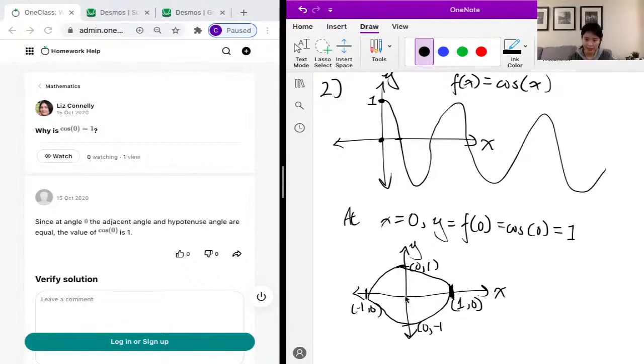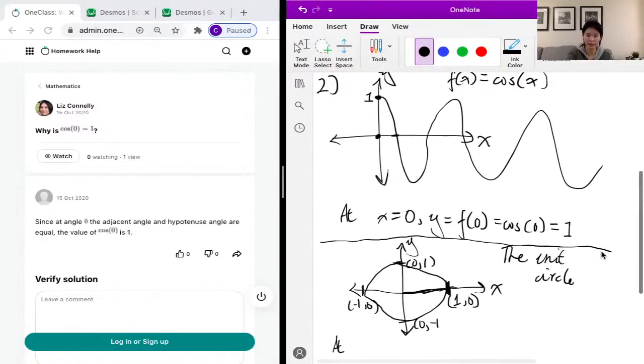So at angle 0, which is cos of 0, here, let me just write down unit circle. And let me put a line through here, to make sure you know that these are related.